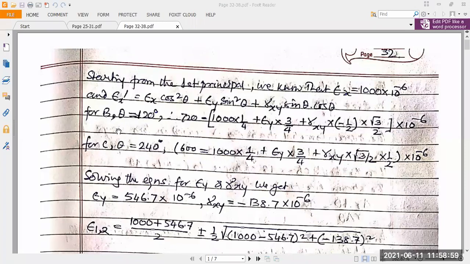Say theta when epsilon B is acting, 120 degrees from the zero angle, is given as epsilon x. We put that epsilon is equal to 720.